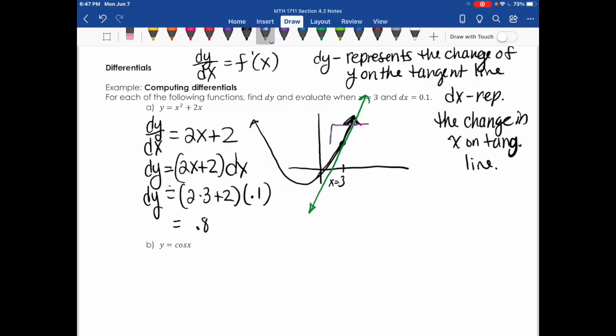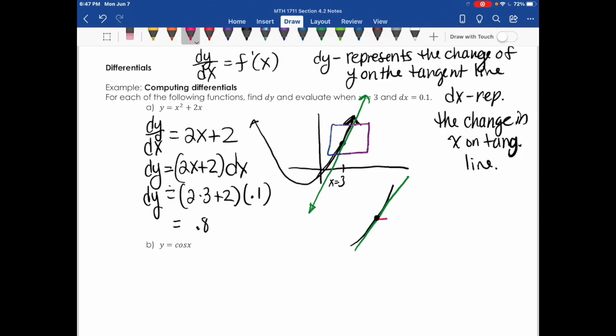Now, if I zoom in on this box right here, the picture that I'm going to get, here's the function. And then I have the tangent line that looks like this. It's going to be really close. Here's the point at x equals 3.